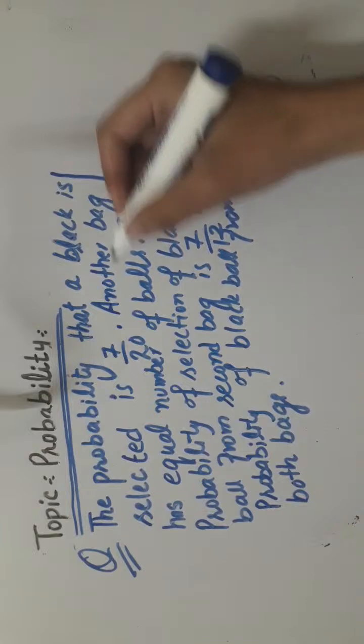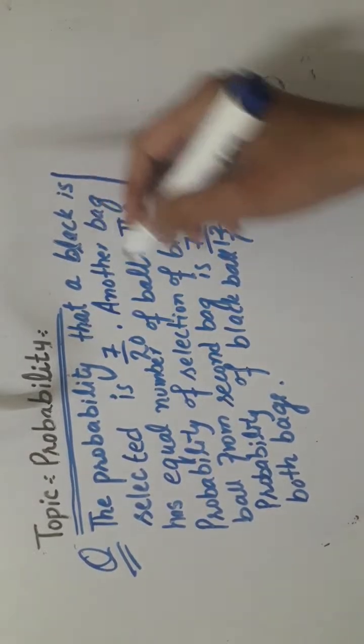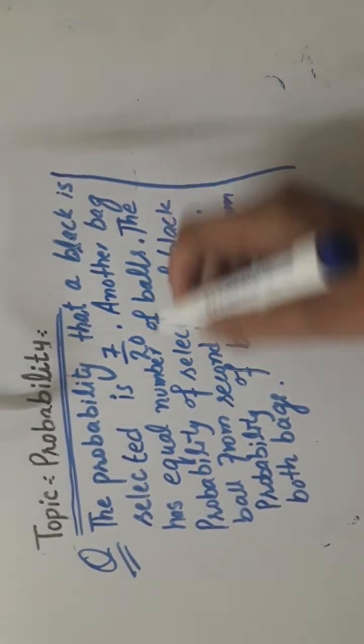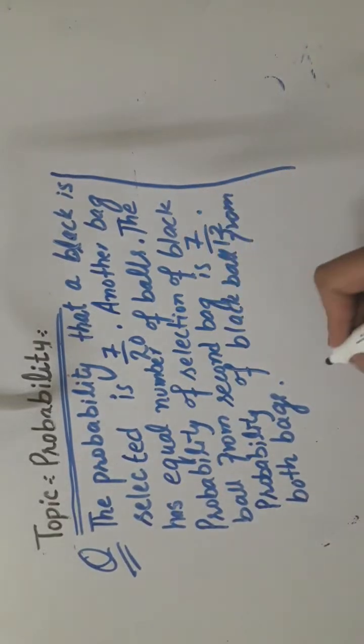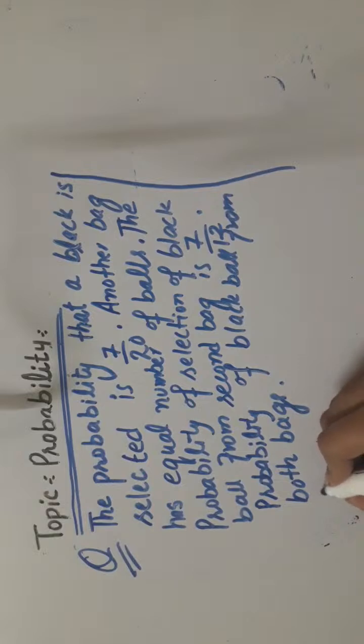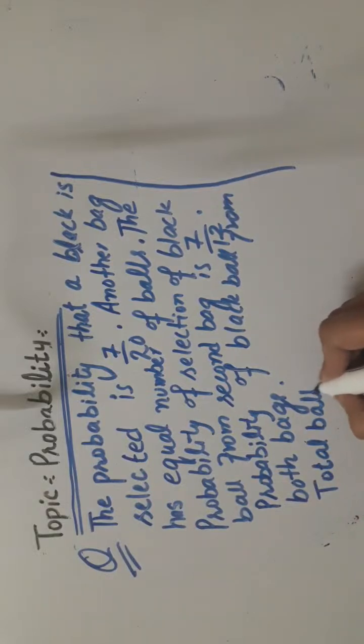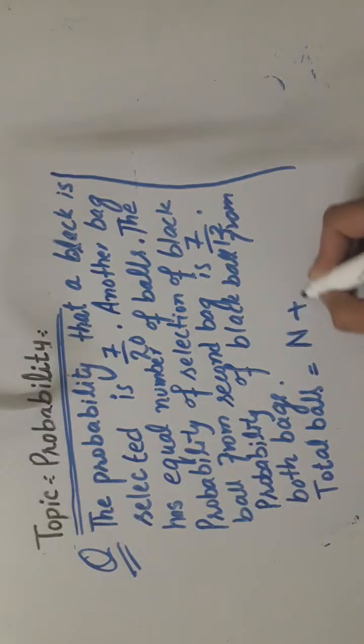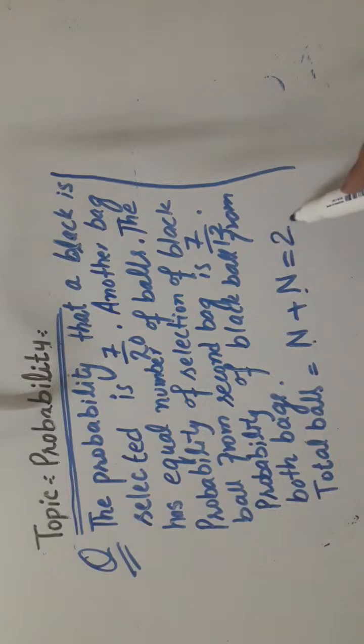First of all, we will calculate the total balls from both of these. This will be equal to the total balls, n plus n. N means balls contained in the first bag and n means balls contained in the second bag. So total balls are 2n.